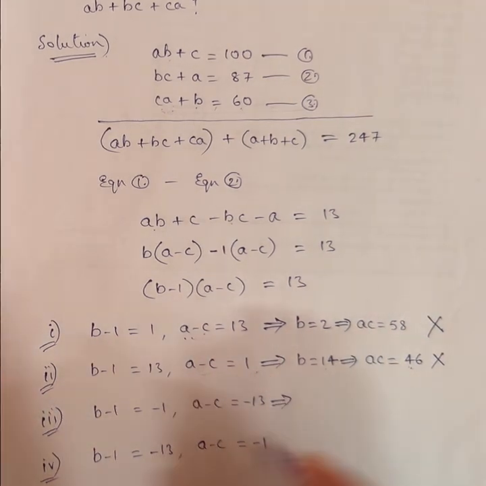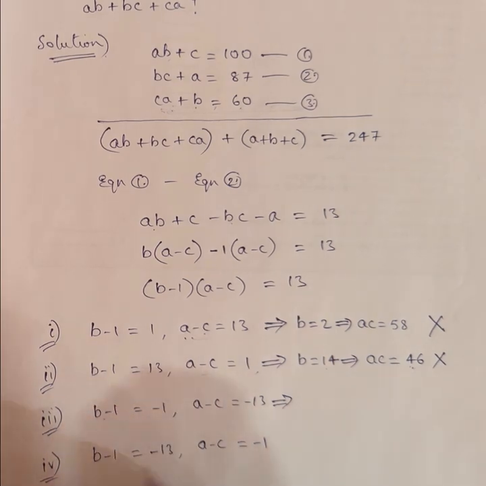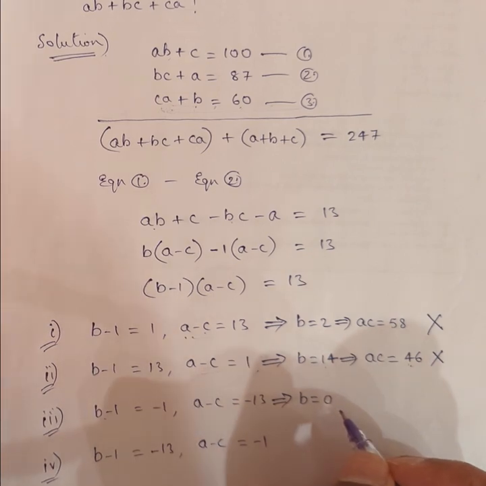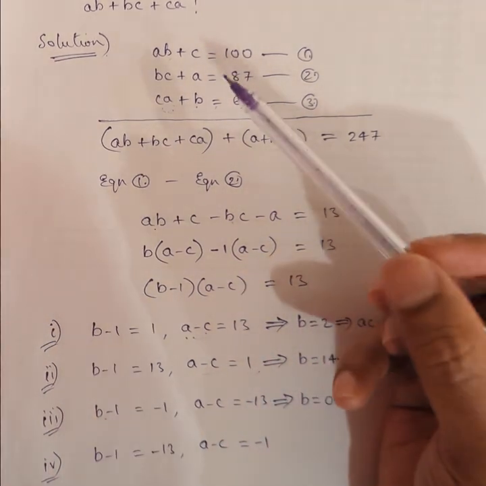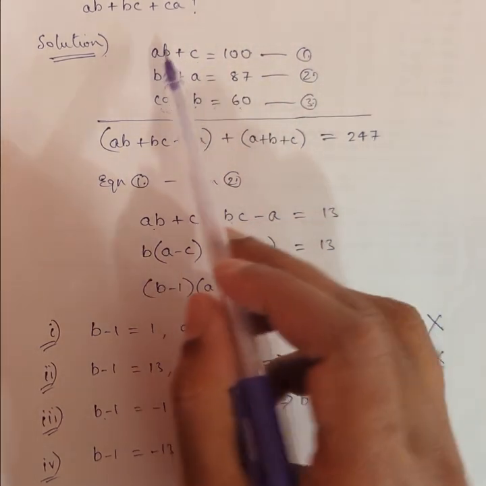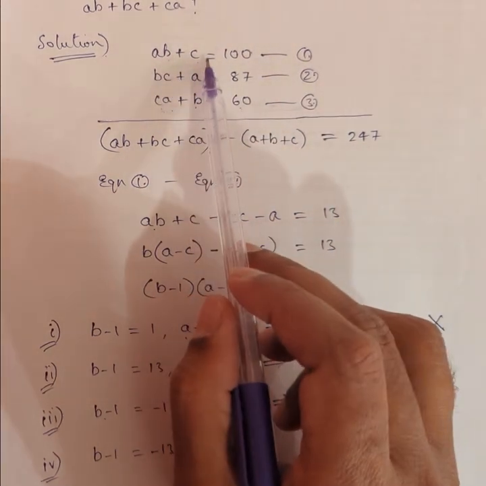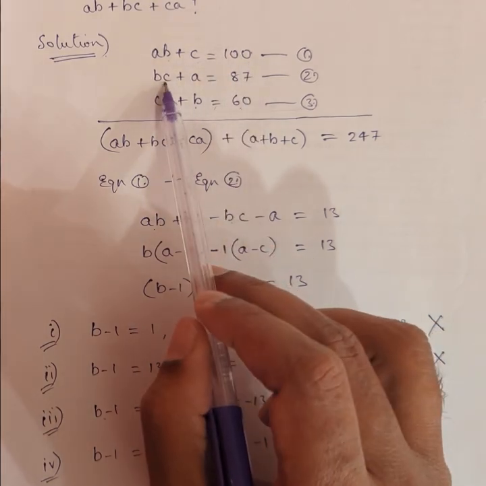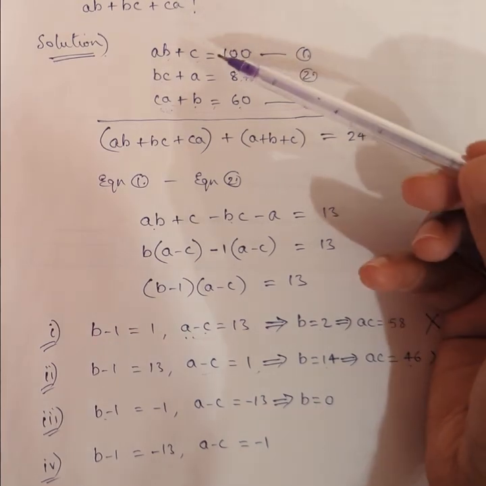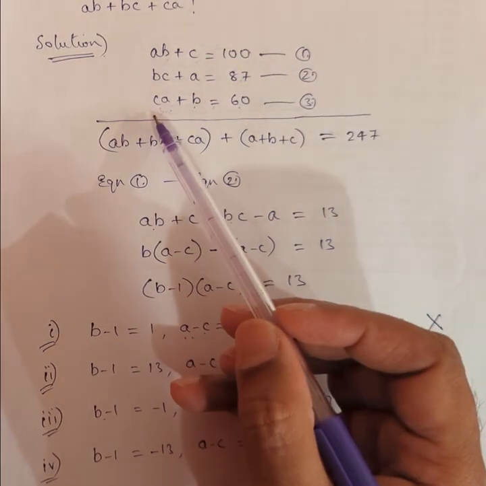What about this case? If b minus 1 is negative 1, that means b is 0. If b is 0, from equation 1, c would be 100, and from equation 2, a is 87. So c is 100, a is 87.